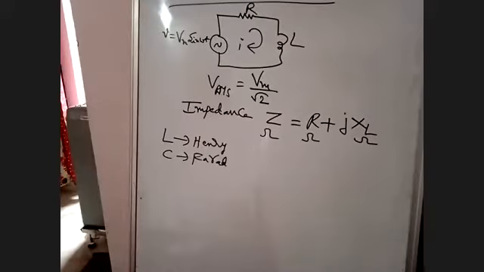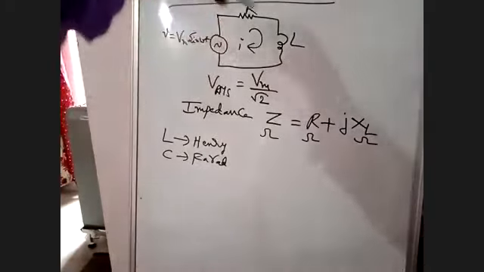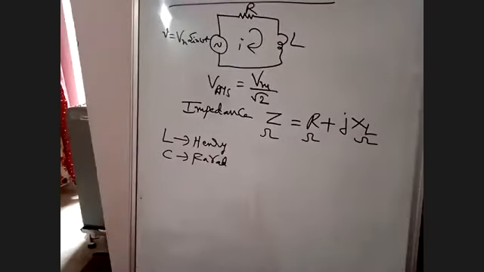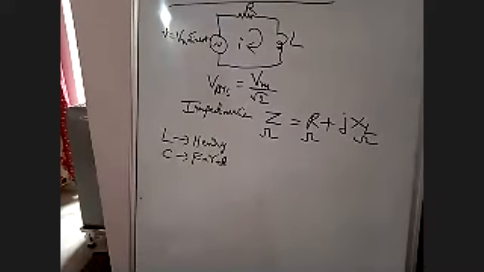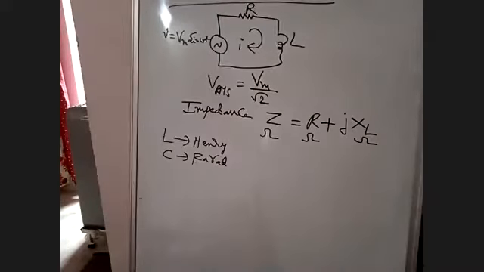So Z is equal to R plus jXL. Z is the total impedance of the circuit. In AC, we have resistance, inductance and capacitance. But in DC, we have only resistance.